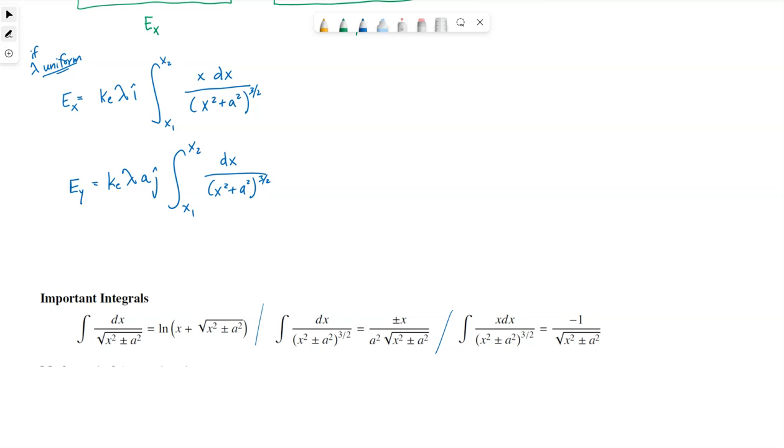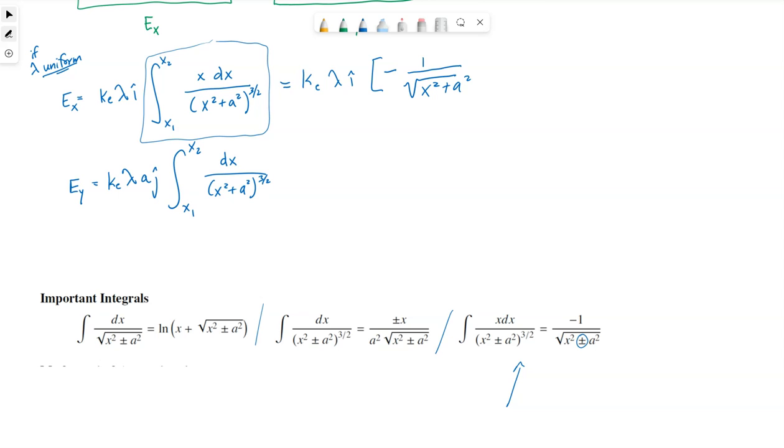So for the x component, I'm going to go ahead and write down my constants, but now I'm going to look for this integral. This integral matches this third one on the list. That means the solution to this integral is -1 over the square root of x squared plus a squared.